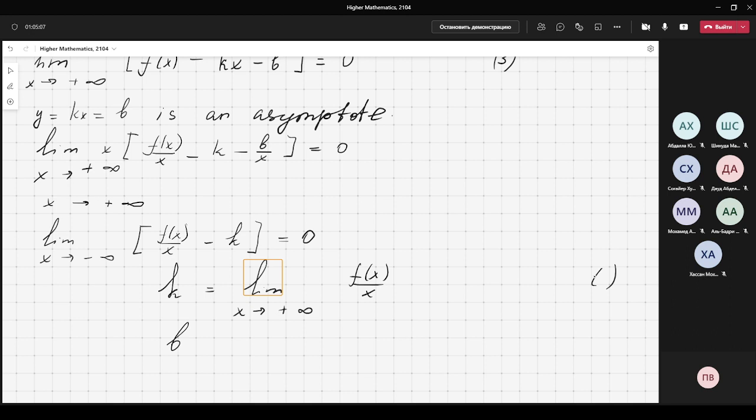Knowing k, we find b from 3. b will be equal to the limit as x approaches infinity of f of x minus kx. Formula 5.